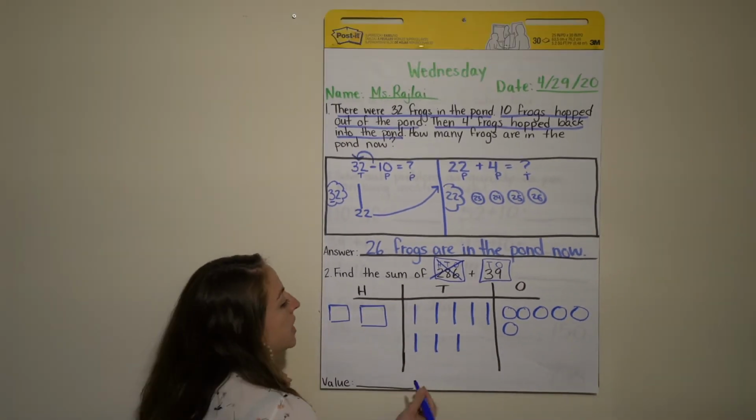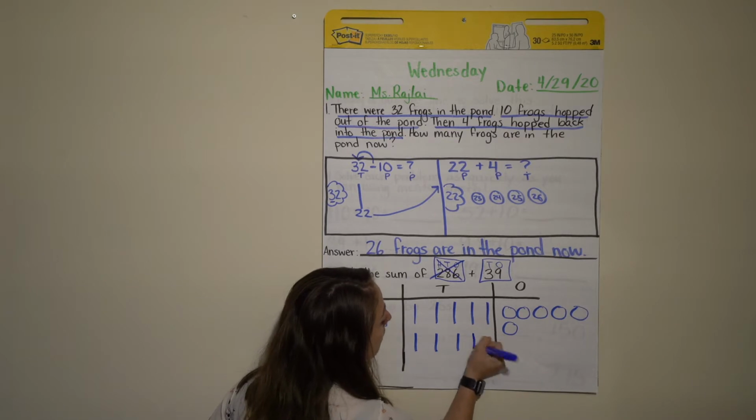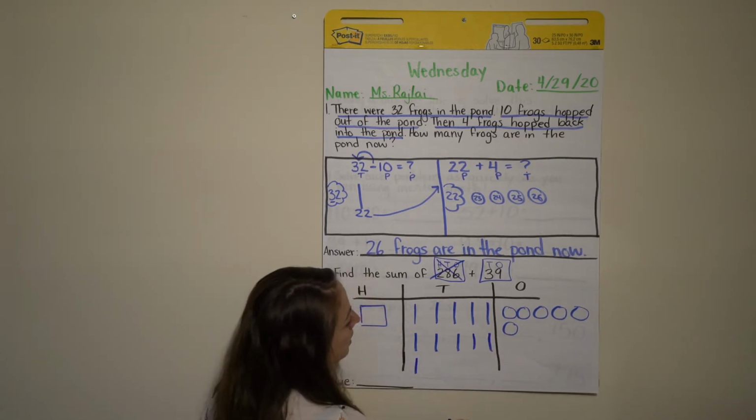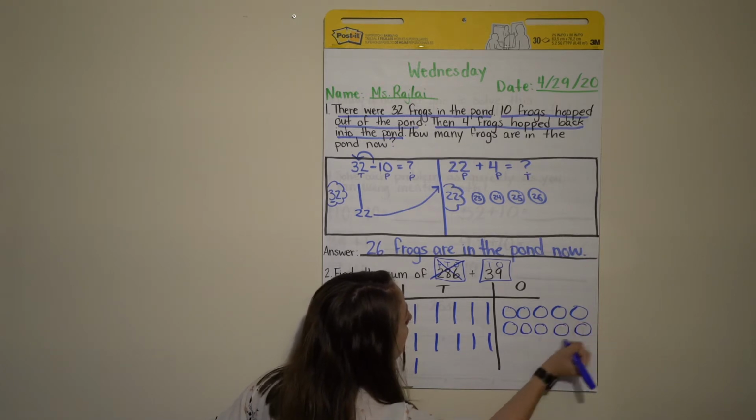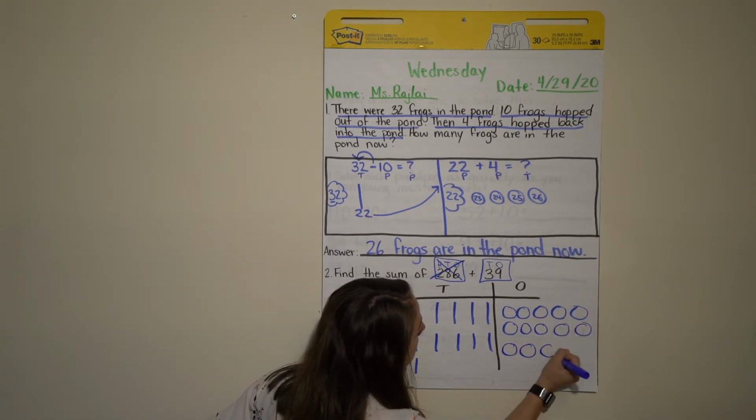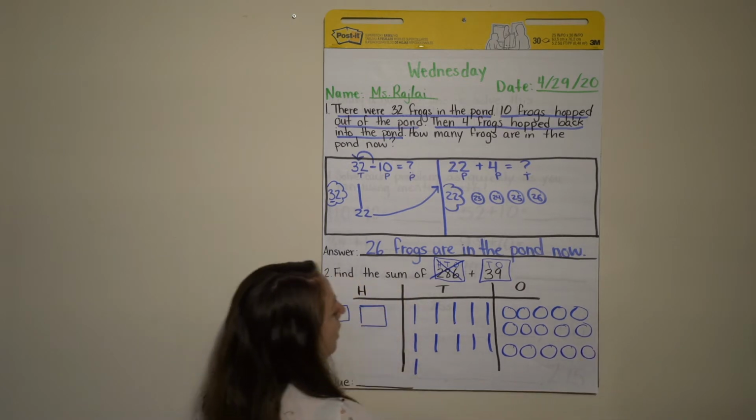Okay, so we have 3 tens. 1, 2, 3. 9 ones. 1, 2, 3, 4, 5, 6, 7, 8, 9.